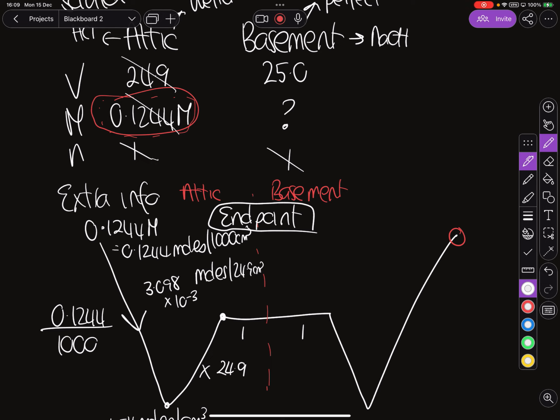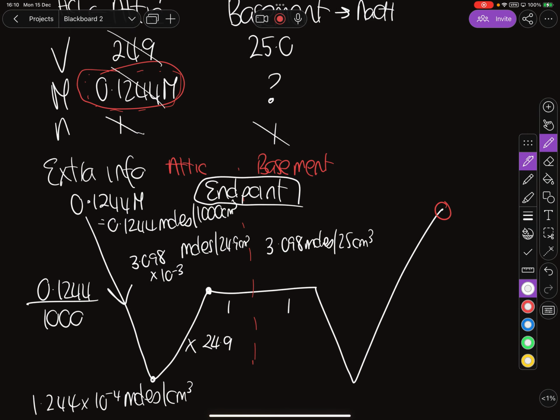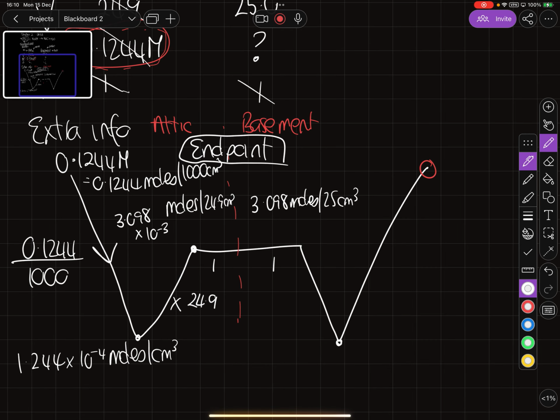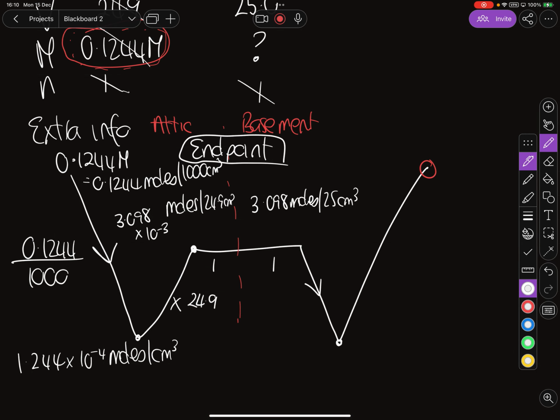So I've just used my ratio as 1. This now means 3.098 by 10 to the minus 3 moles in 25 centimeters cubed. And that's again at our end point. I need to get to this point, and we know when we are going down it is a division, and we're going to moles per centimeter cubed. So 3.098 by 10 to the minus 3 is going to be divided by 25.